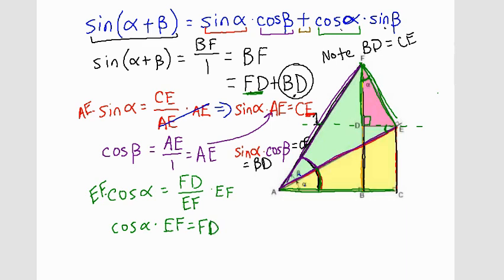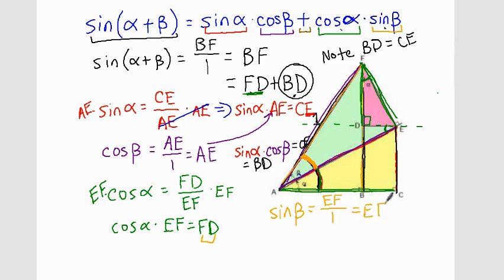Well, I still need to work in sine beta somehow. And because of the way things have worked out so far, sine beta needs to include FD. So sine beta, how many times am I going to make that mistake? Sine beta is equal to, well, that's this, again, this angle right here. I apologize, it's hard to see past all my annotations, but the opposite there would be EF over my hypotenuse, which is 1, which is really just EF.